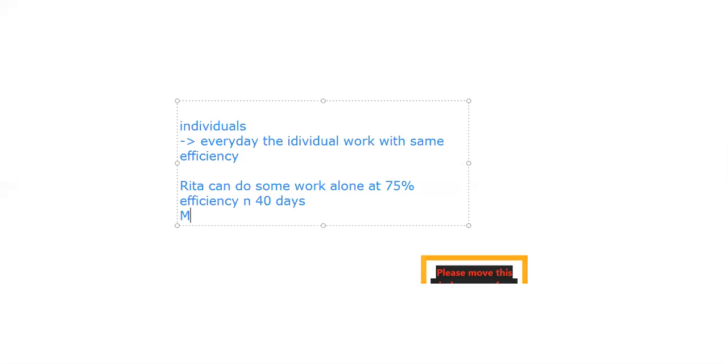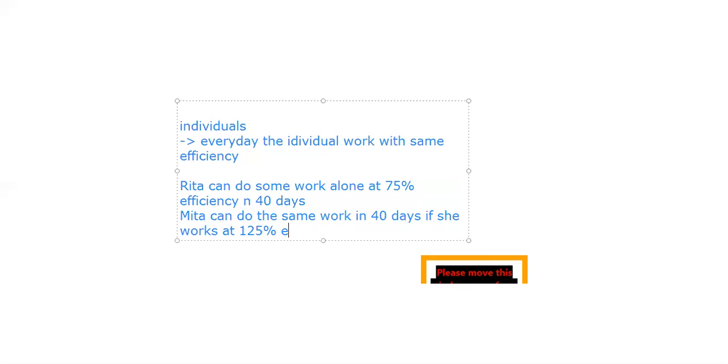Now, Mita can do the same work in 40 days if she works at 125% efficiency.